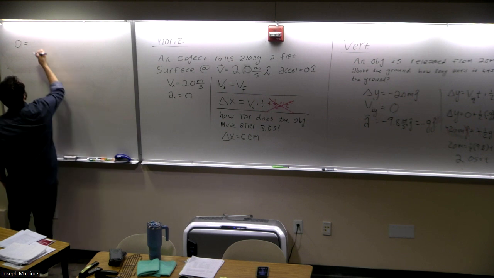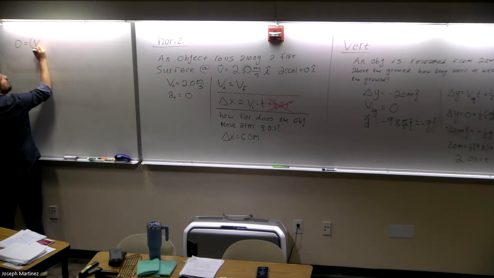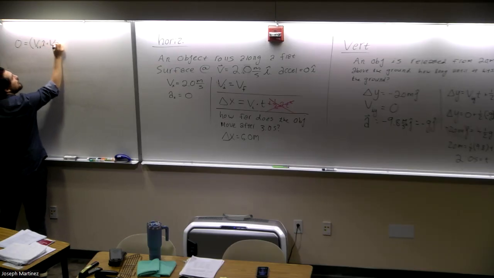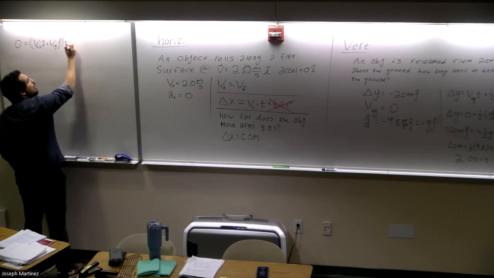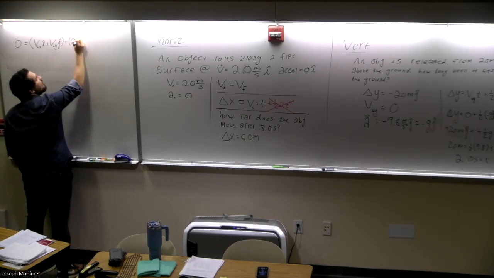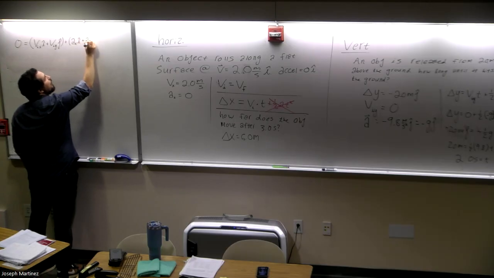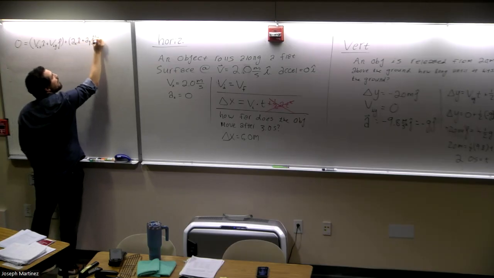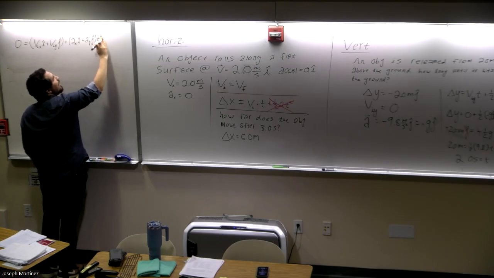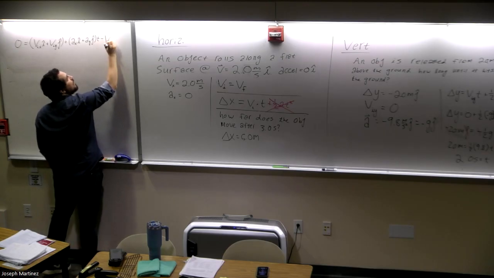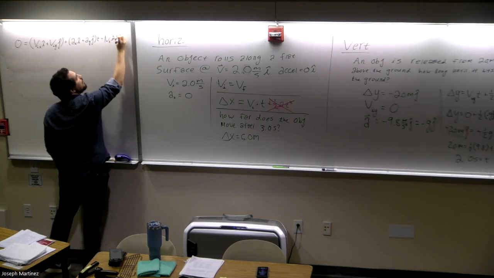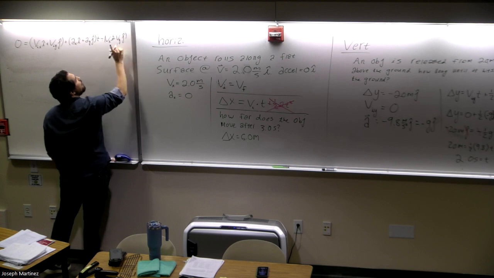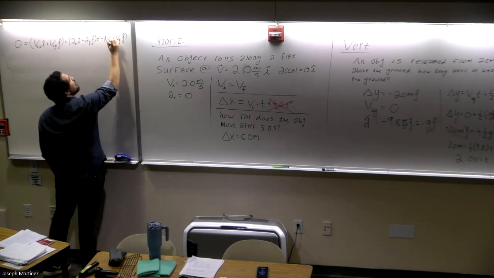What we'll have is V initial x i-hat plus V initial y j-hat plus the acceleration ax i-hat plus ay j-hat multiplied by time. And then you subtract off your final velocity Vx i-hat plus Vy j-hat. There we go. Got a little sloppy there.